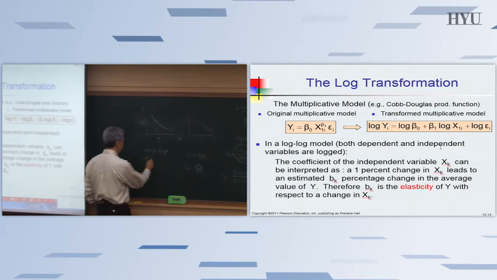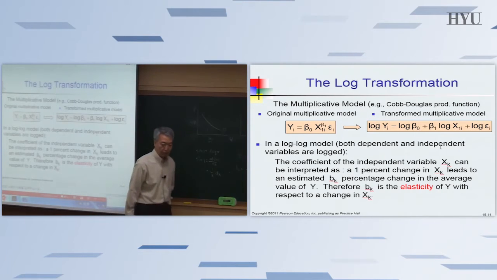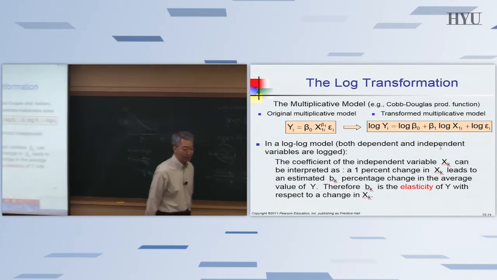F prime x, which is d f(x) dx, is 1 over x times dx, right? Again, I apologize for using calculus in this class, okay?